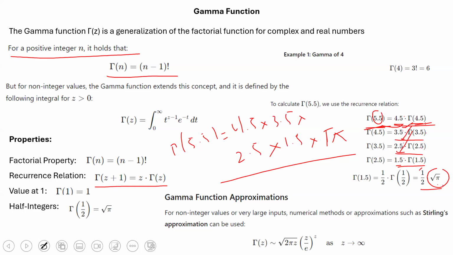What we are doing is starting with minus 1 of this value, doing minus 1 for this value, minus 1 for this, and going back, this becomes 0.5 into root pi, right?